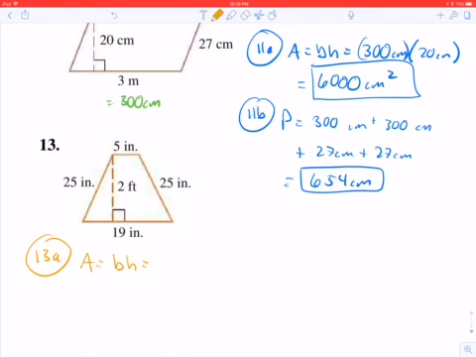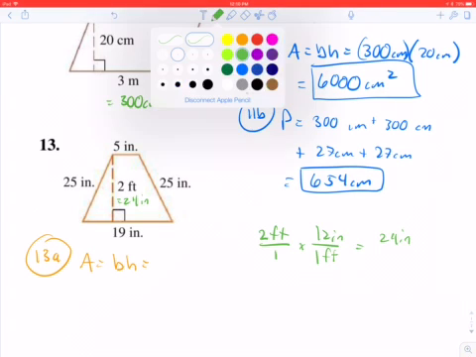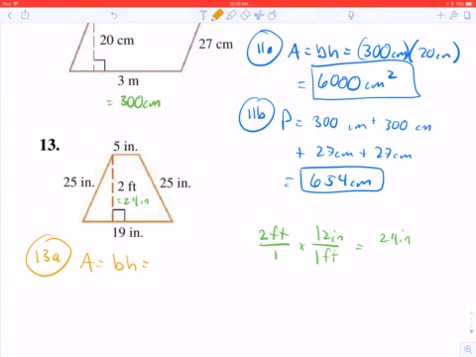So the area should be the base times the height. I think that's fine. So notice the height is 2 feet, so we need to convert feet to inches. 1 foot is 12 inches, so 2 feet is 24 inches. So this is 24 inches. Then that's going to be 19 inches times 24 inches.